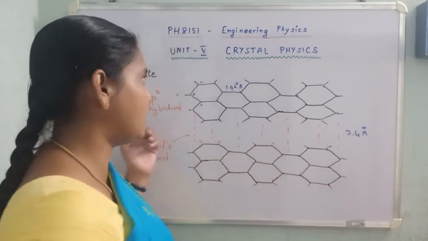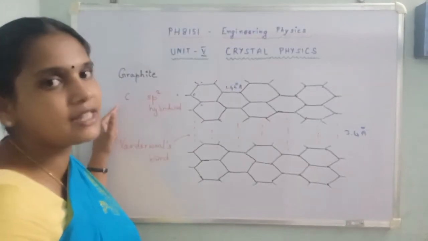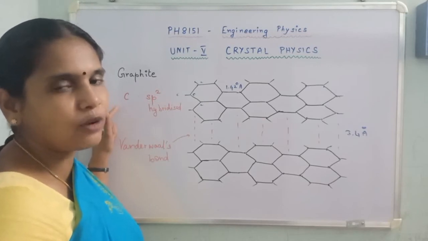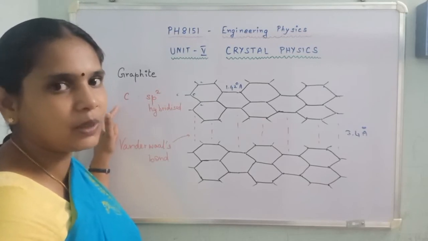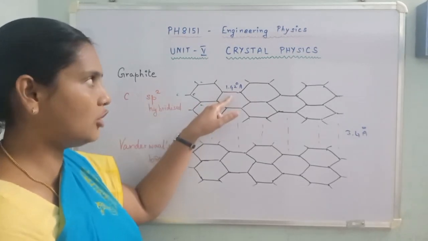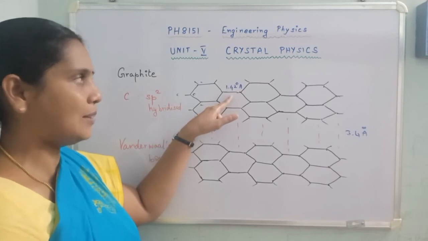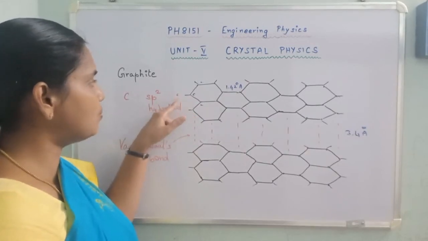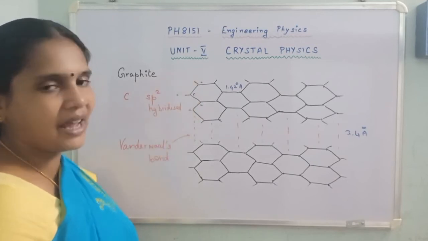In graphite, carbon atom is sp2 hybridized, which means it forms a planar structure with a bond angle of 120 degree and a bond length of 1.42 angstrom units. So each carbon atom bonds with 3 other carbon atoms.